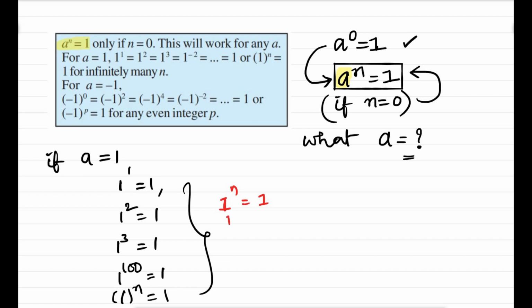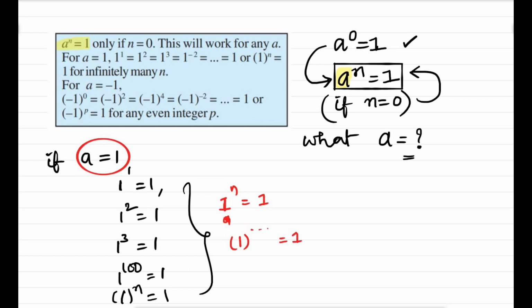I take a is equal to 1, and this is possible for any n. If you take infinite numbers here, the value goes to 1 itself.